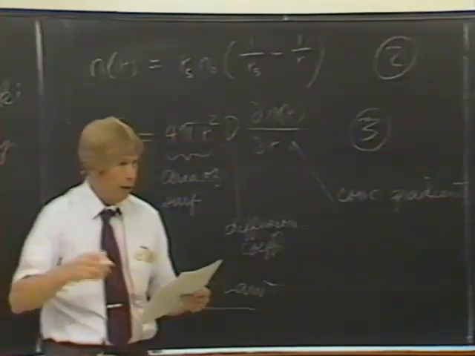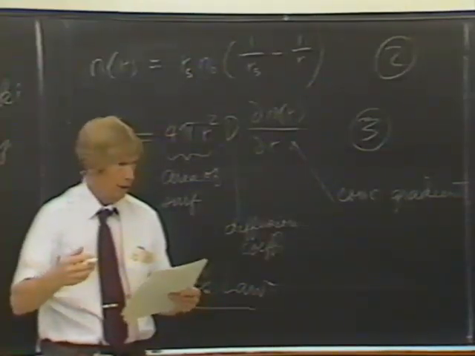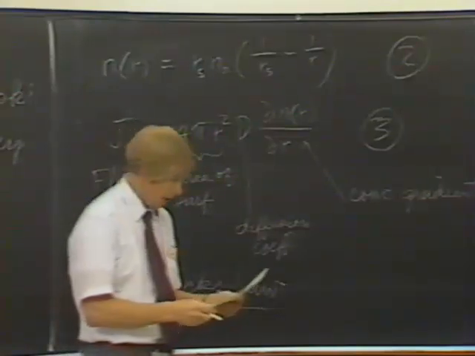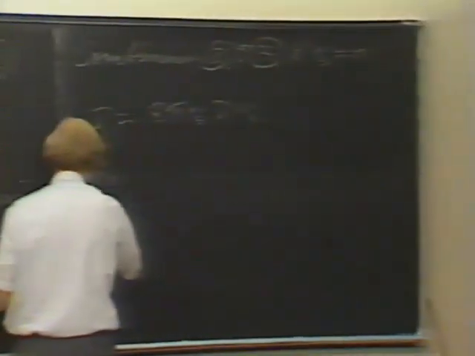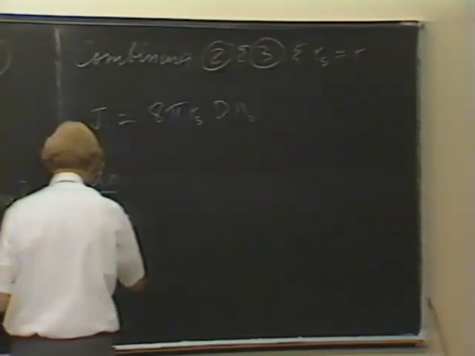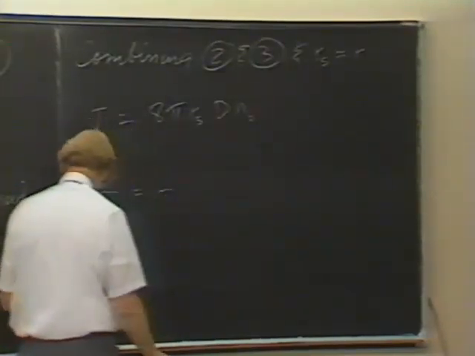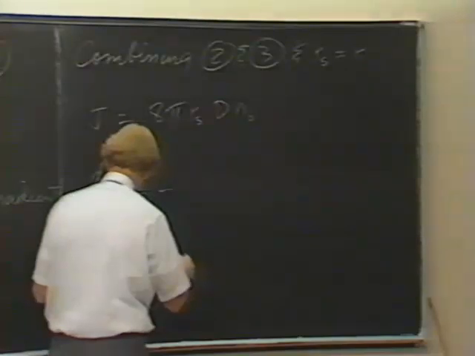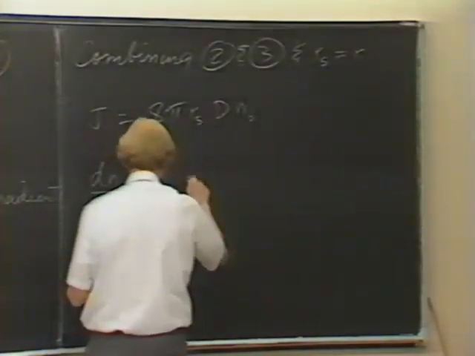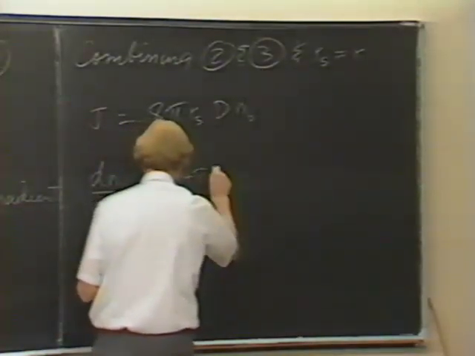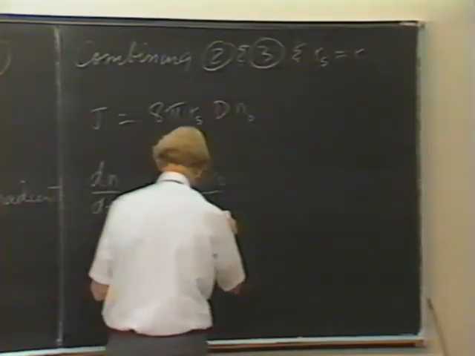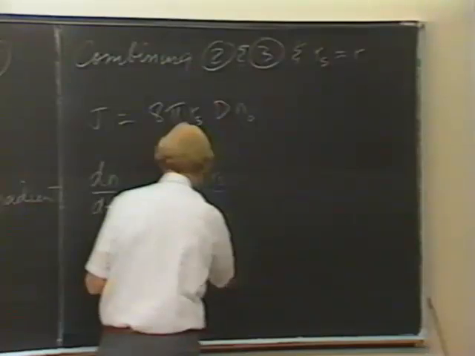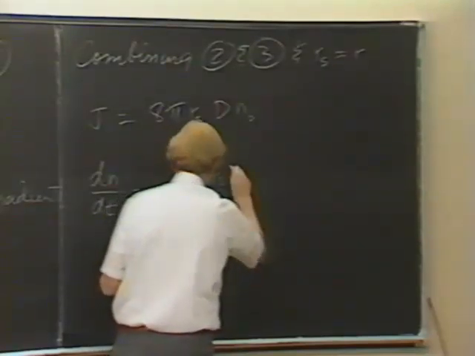And we can write then dN/dt equals minus, because it's decreasing, 4 pi r_s divided by, times dn. That is the rate of decrease in numbers of particles.